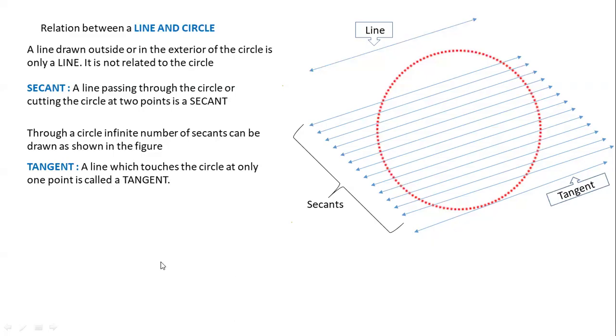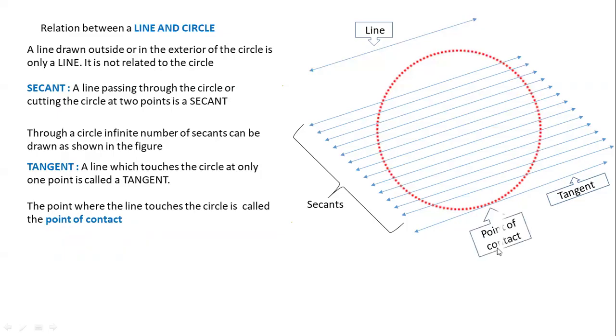The point where the line touches the circle is called the point of contact. It is the point where it is touching, so it is a contact point. The radius of a circle is perpendicular to the tangent through the point of contact. Suppose you draw a radius through this point, it will always be perpendicular.